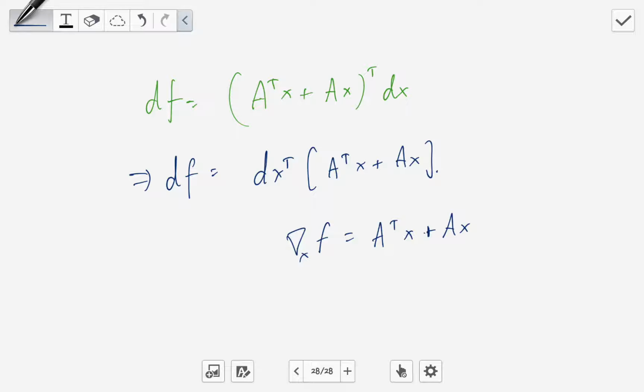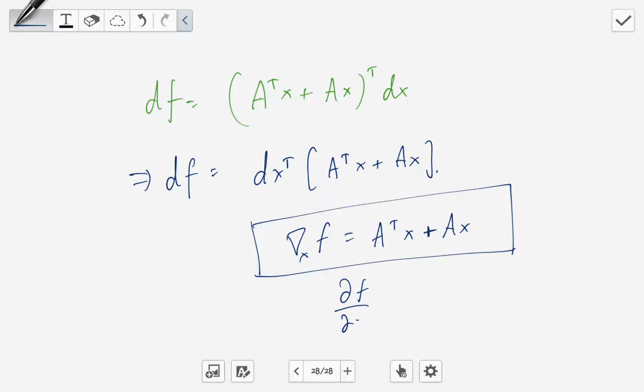Fine. Now what does that mean? Df by dx is equal to this. This is another notation for the same.